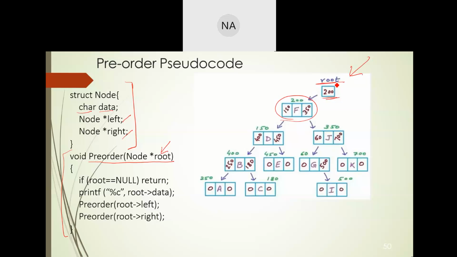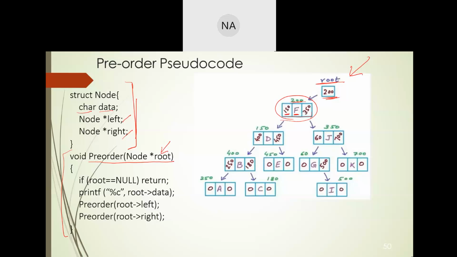The pointer stores the address. So the address of this node is 200, and at the root pointer we have stored 200. At location 200 we have this node, and the structure of the node has three different values: the data, the left pointer, and the right pointer. The data in the root node is F, the left pointer is 150, and the right pointer is 350.